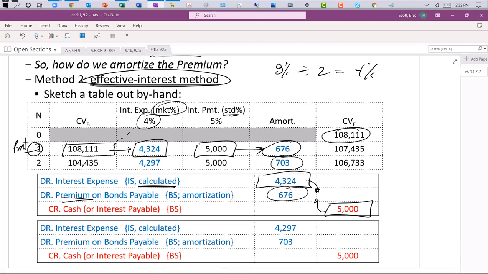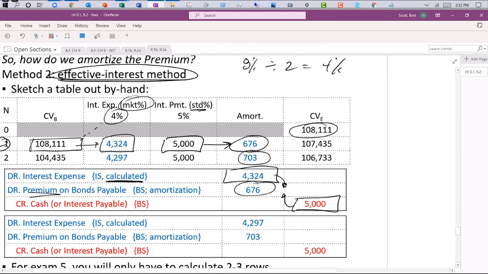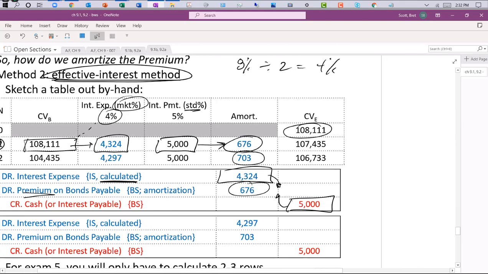I'm always asking questions on the exam about, when we're using the effective interest method, what does the interest expense do over time? Does it increase or decrease? You can see here that the amount of interest expense we're reporting each period is going down. The reason is that the carrying value is going down. We're amortizing away that premium, so the overall carrying value goes down.